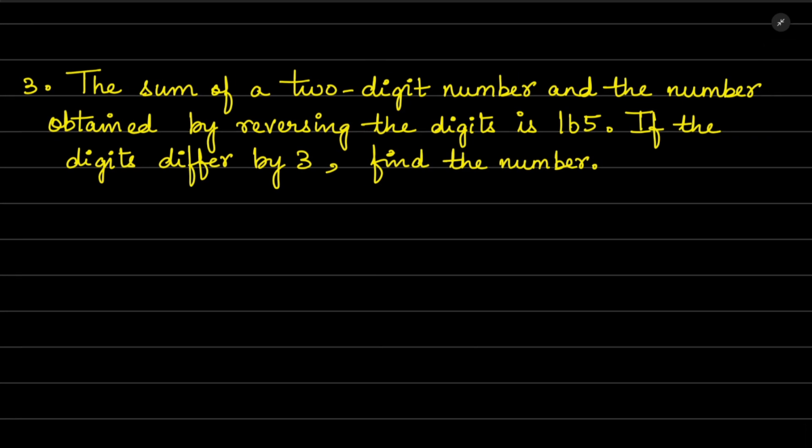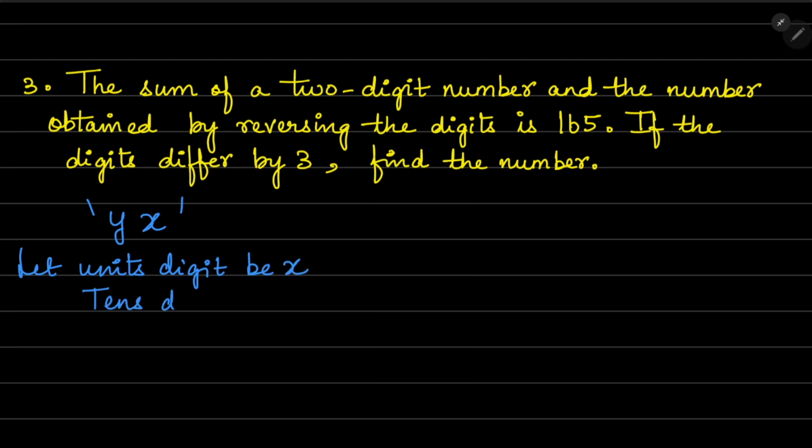So this is the third question of today. The sum of a two-digit number. I just told you, the minute you see this term two-digit number, what are the things that I will write? So let my number be yx. Let the units digit be x.